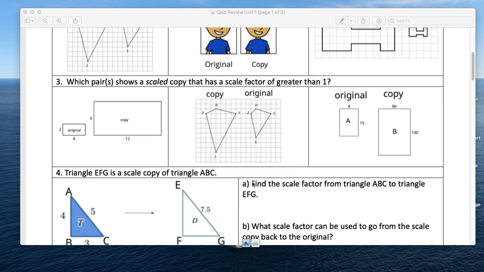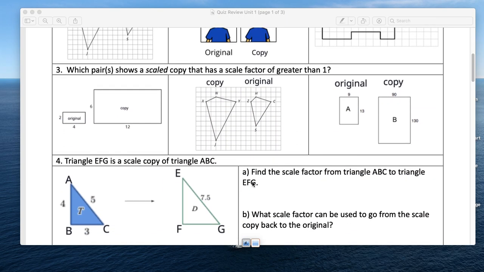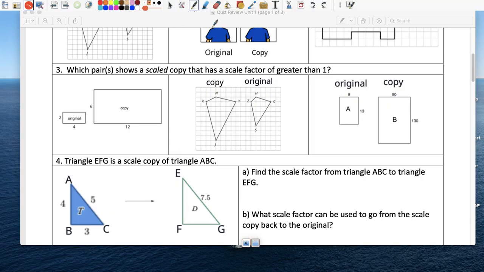Which pair shows a scale copy that has a scale factor greater than 1? So if the scale factor used is greater than 1, then it means that it got bigger. Okay, so let's see. Original, copy, like this way. Did it get bigger? Yeah, so this one is one of those.